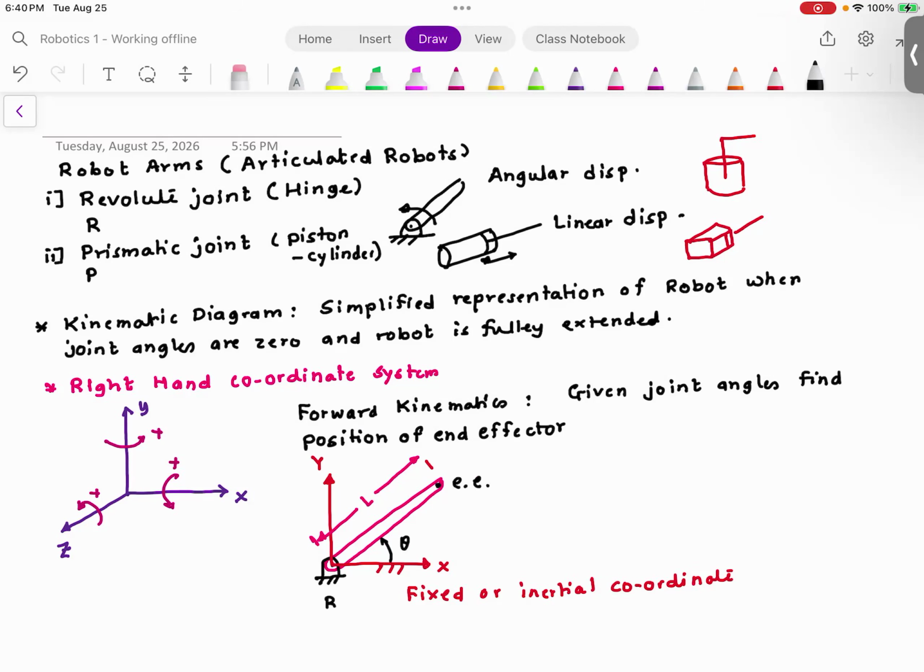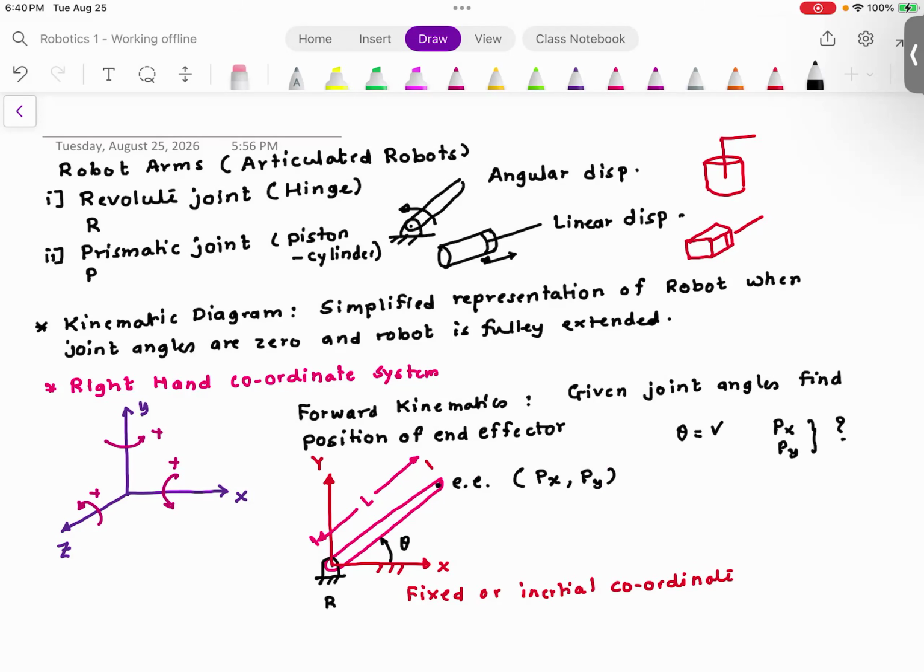So what is Px and what is Py? The end effector position is given as Px and Py. So given theta, you have to find out the value of Px and Py. That is the forward kinematics problem.